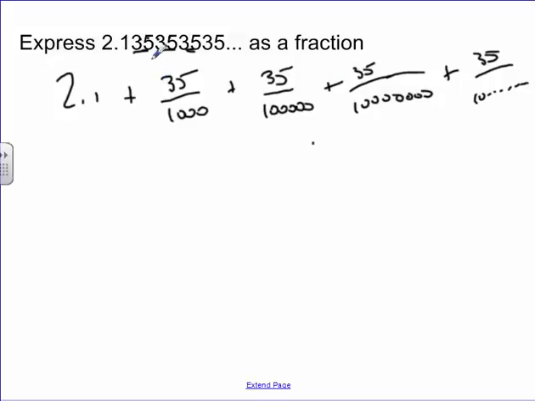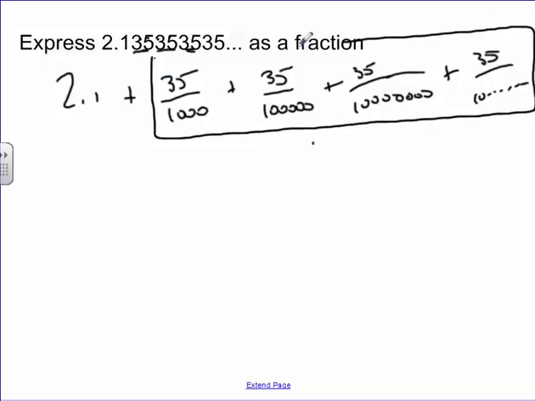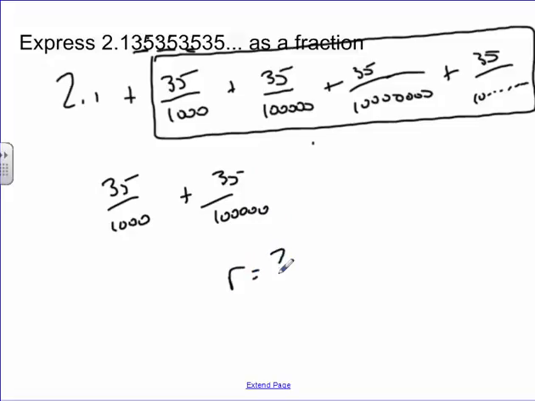What we really have right here then is a pattern. This is what I want to focus on here. We have 35 thousandths, and then you're adding 35 hundred thousandths. What is my ratio?